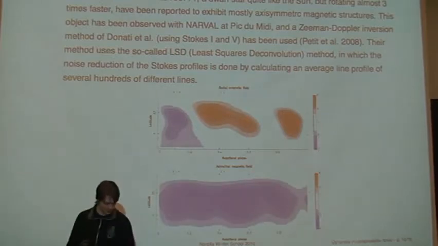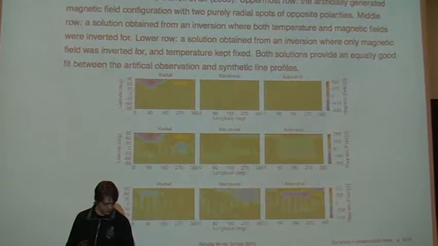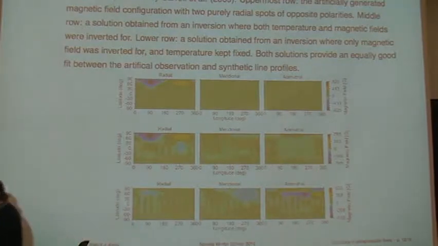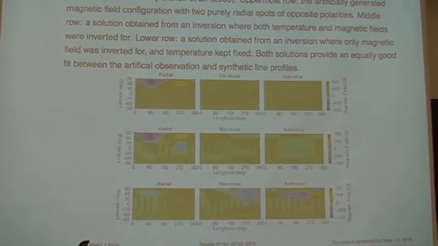And okay, then we have a double slide. And then this is another synthetic exercise. This was done by Torsten Carroll again. So in the topmost row you have a synthetic map of a star. So you have a pair of spots at high latitudes.